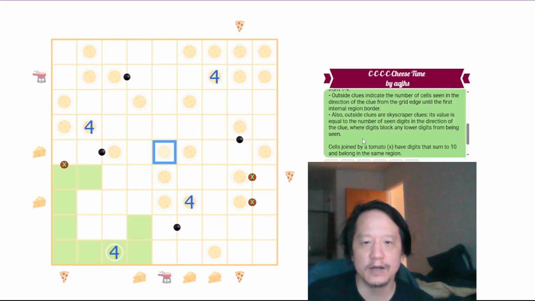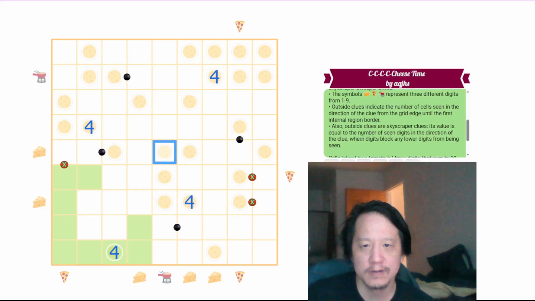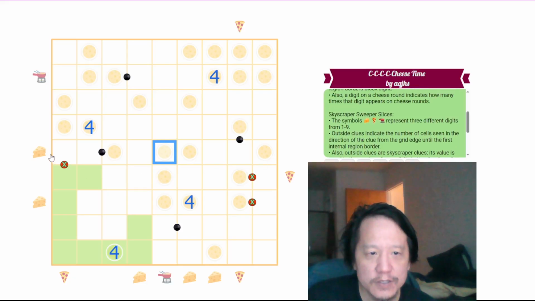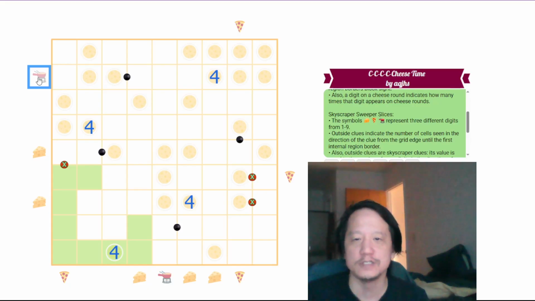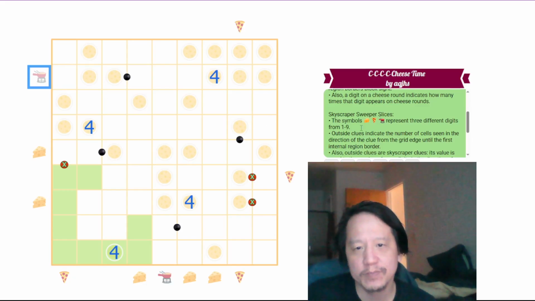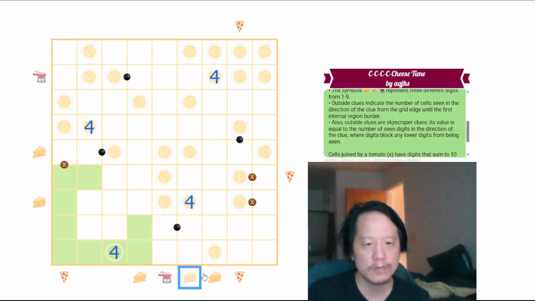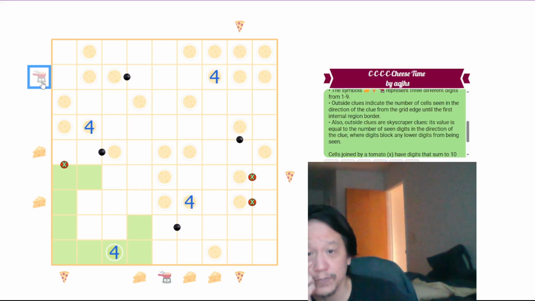We also have skyscraper sweeper slices, where the symbols, the cheese wedge, the pizza slice, and the fondue cheeses represent 3 digits from 1 through 9. So these are the same digit. The pizza slices are the same digit, and the fondue cheeses are the same digit.